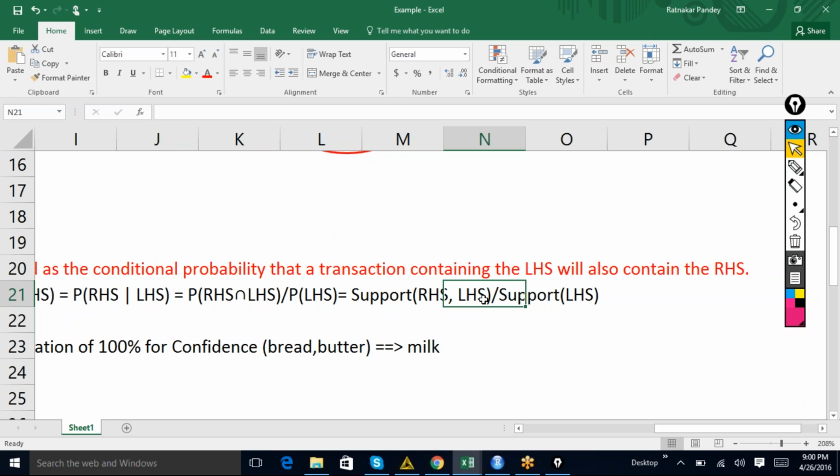If they are totally independent from each other, so if the left hand side is not impacting the right hand side, then the conditional probability will be as good as the probability of right hand side alone. So for example, whether it has rained in the US is totally independent of whether it has rained in India. So whether or not you give me the data point that it rained yesterday in the US, what is it going to do for the probability of raining in Bangalore?